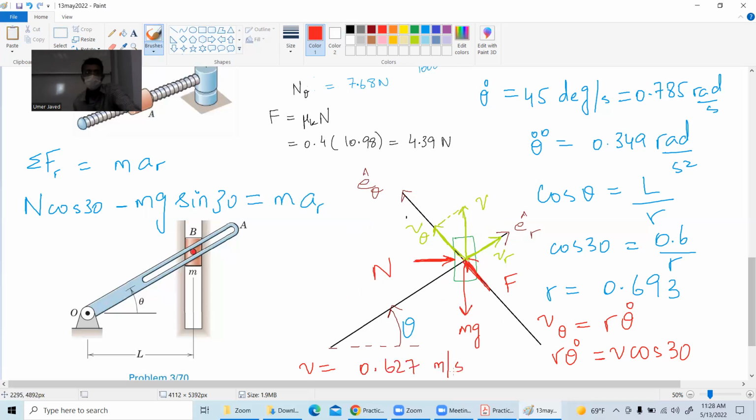Now that you have got the V, you will find VR, and I will be using a nice and beautiful pink color. VR equals 0.627 V, so that will be sine theta, I think. Sine of 30. So VR comes out to be equal to R dot equal to 0.3135.